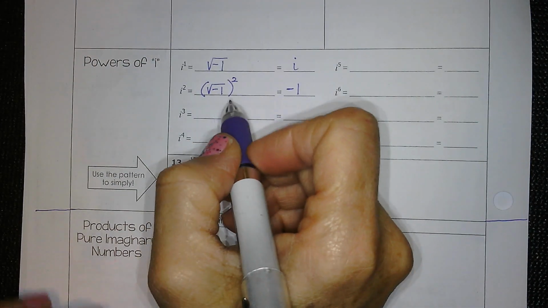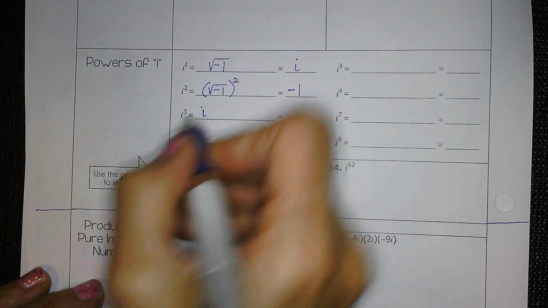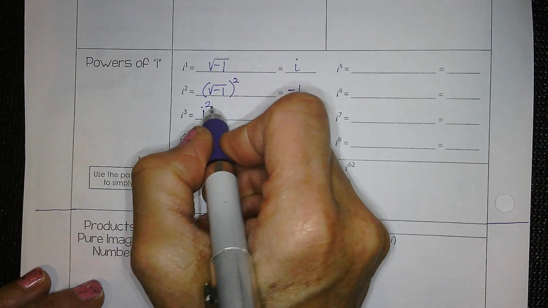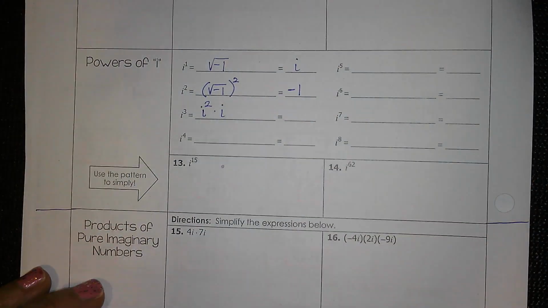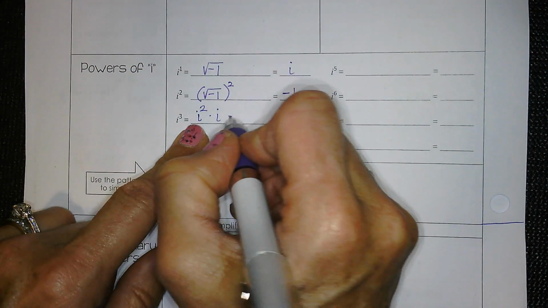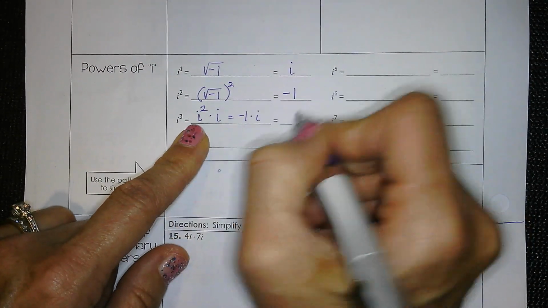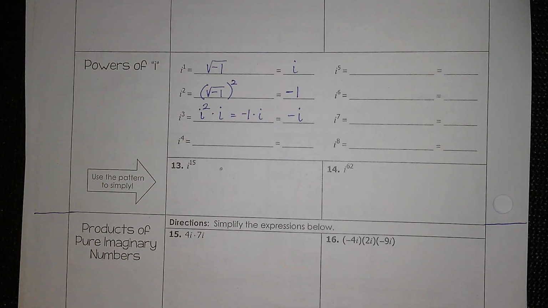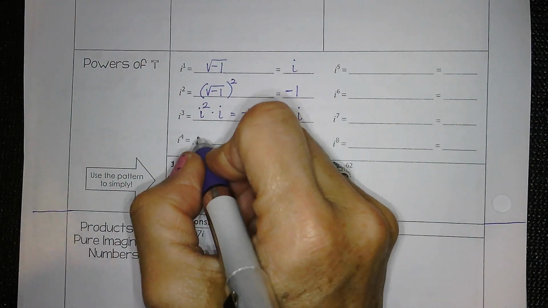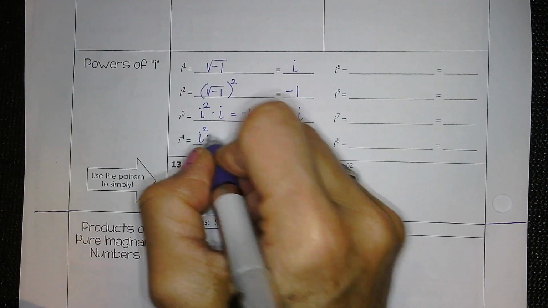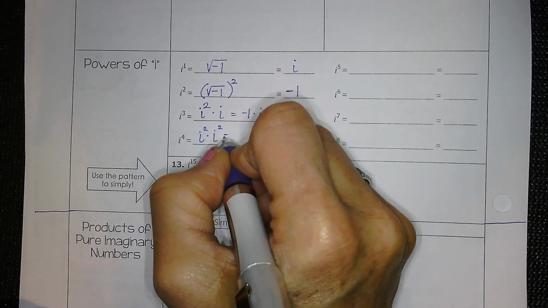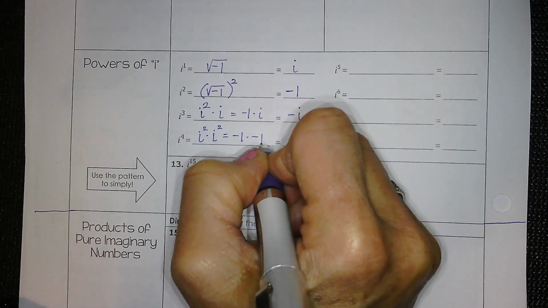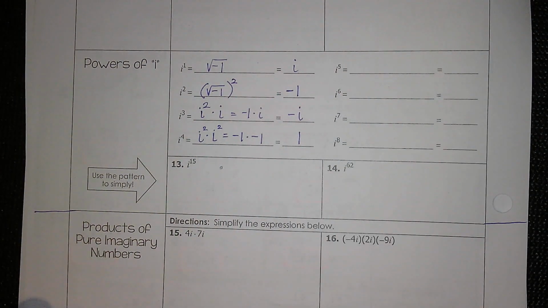And then here's the fun part. If you do that again, let's say you do i cubed, then i squared times i. We know i squared is -1, so that's -i. If you square it again, you get i squared times i squared, which is -1 times -1, which is +1.